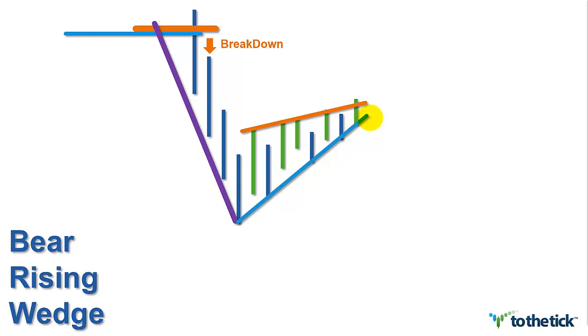Now for the aggressive traders, this particular pattern is more difficult to trade than most bearish continuation patterns. The reason is that you've got that ever-increasing higher level of support coming in there, and you keep getting your profit potential squashed.